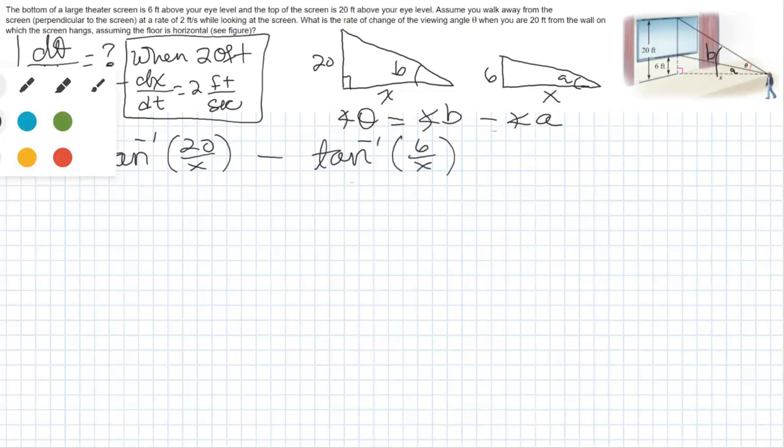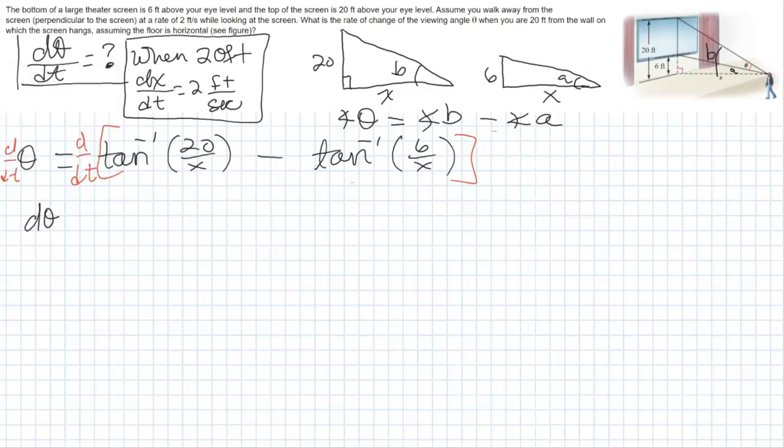Now we are going to take the derivative of both sides with respect to t. On the left-hand side, we will have d theta dt.